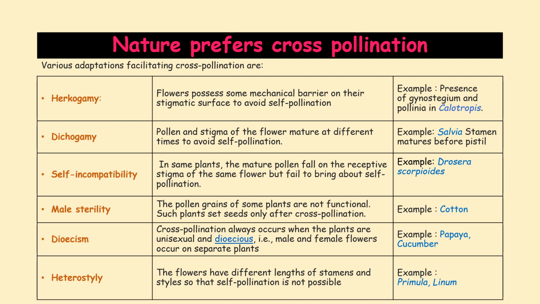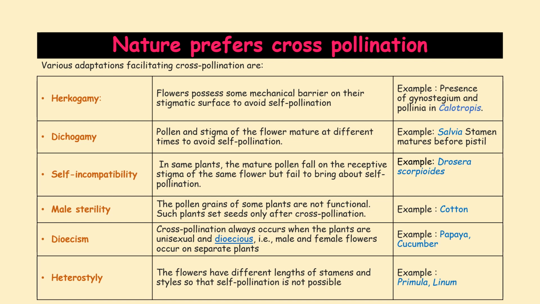This is a phenomenon where the flowers have some kind of a mechanical barrier on the stigma which prevents the self-pollination from happening. Example is calotropis, where there is a structure called gynostegium, which is a modification on the stigma, and that prevents self-pollination.